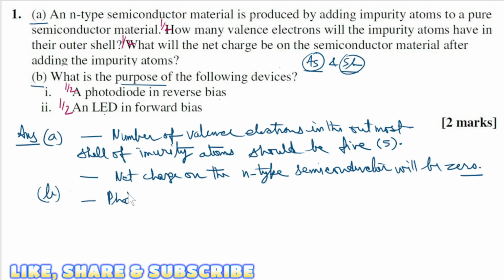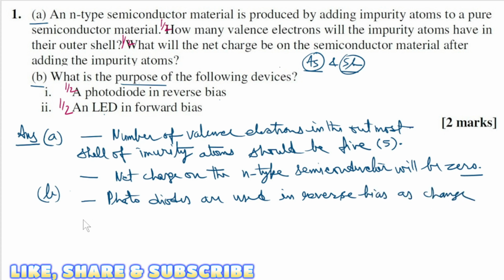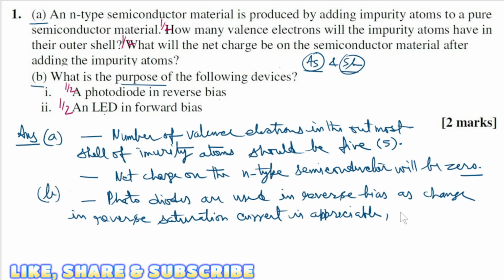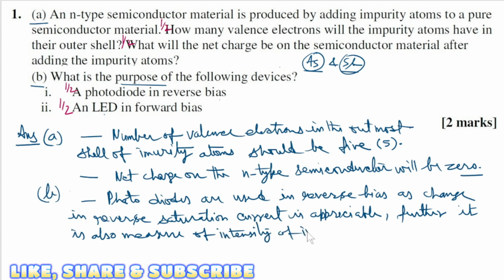Thus, photodiodes are used in reverse bias as change in reverse saturation current is appreciable, further it is also a measure of intensity of incident radiation.